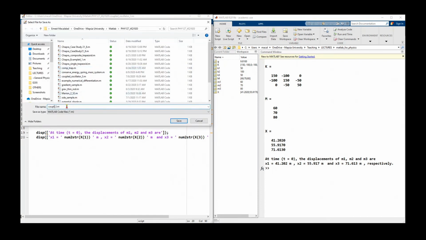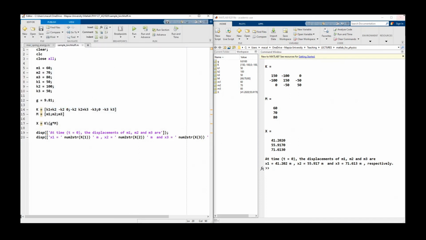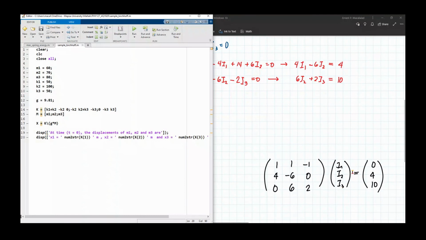Let's call it Kirchhoff's sample. Okay, so our unknown here will be I. So let's properly label this as I. And then this will be our K, so we can delete this one.